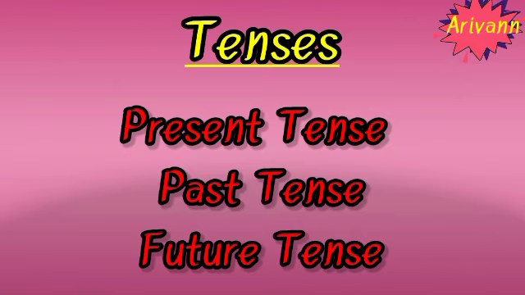Each of the three tenses can further be divided into subparts, that is, simple, continuous, perfect, and perfect continuous. In this session, we shall discuss in detail the tenses rules for the above mentioned types of verb tenses, followed by examples to explain them clearly.